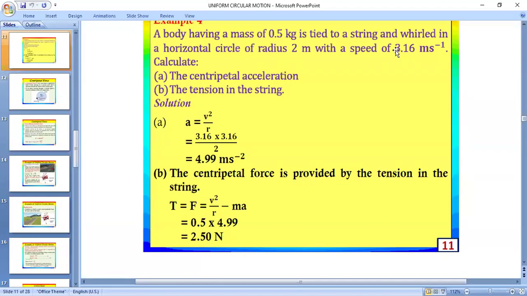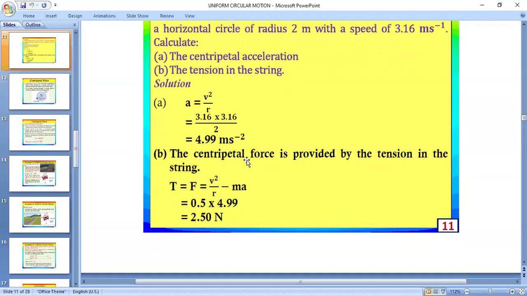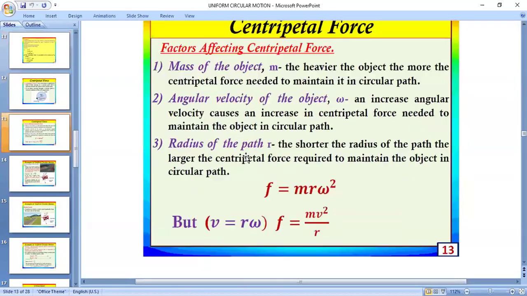So from the calculator, 0.5 times 3.16 squared gives us 4.993 divided by 2. The answer is 2.496 newtons. So it's just simply tension equals mv squared over r, because it's tension that provides for centripetal force.